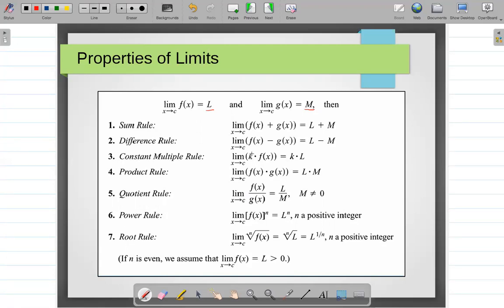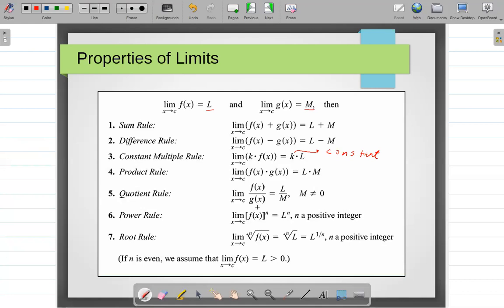And here, let's say K is a constant. Constant means some number. Then I can just pull that out and take the limit of f of x inside. Even for multiplication, I can take 2 different limits: limit of f of x times limit of g of x. So limit of f of x is L, limit of g of x is M.